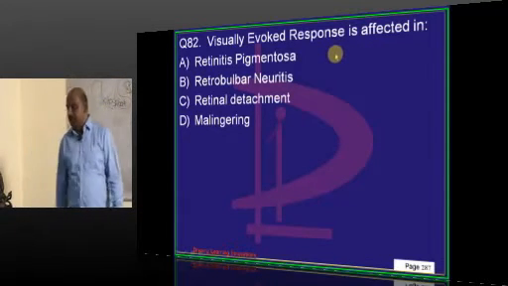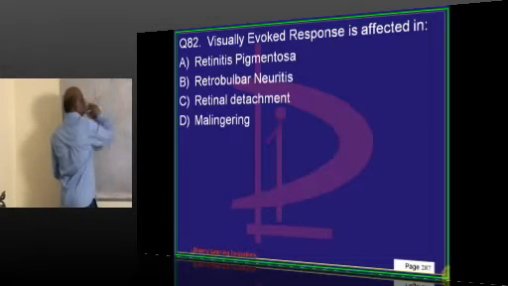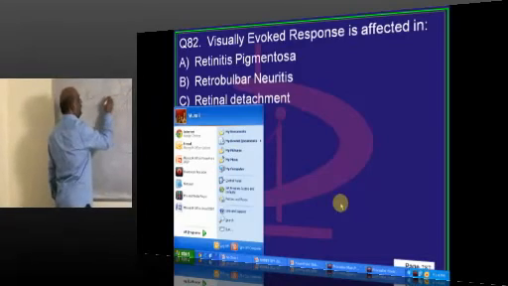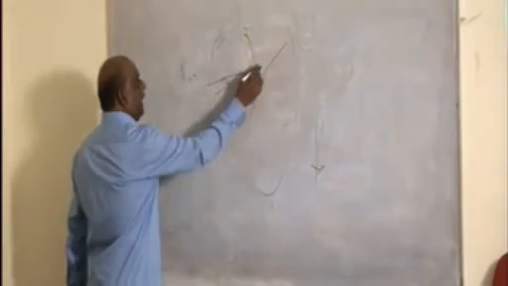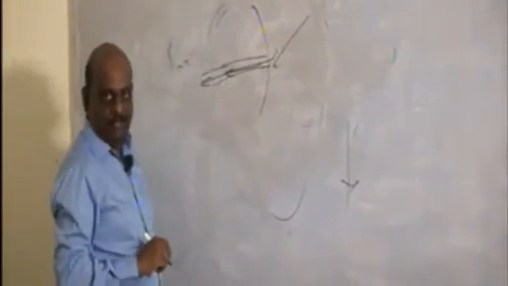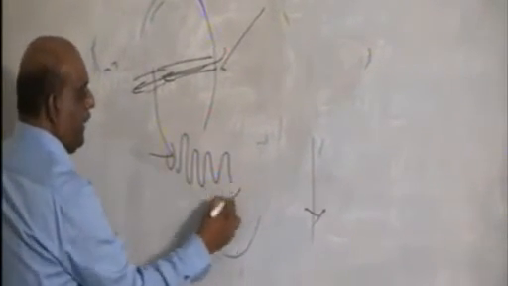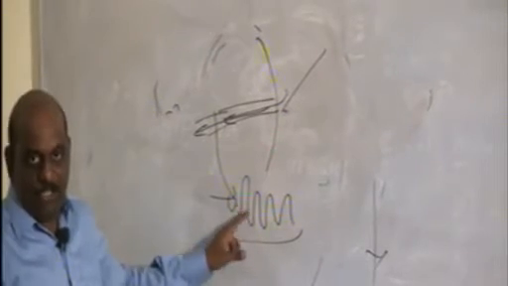What is visual evoked response? Given the board. You have the retina on which the light is falling. From the retina comes the optic nerve. So the electrical signals are passing through the optic nerve whenever you are visually seeing something, and they are recorded by a voltmeter, and whatever the voltages you get are called visual evoked potentials, basically recorded.